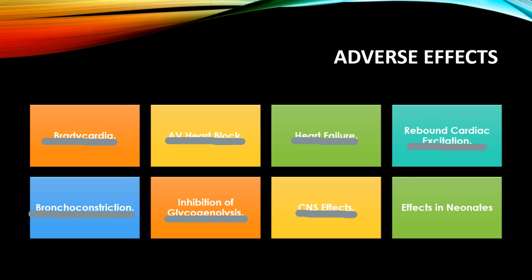And propranolol also has effects in neonates. It crosses the placental barrier, so using propranolol and other beta blockers during pregnancy may put the neonate at risk of bradycardia and respiratory depression.